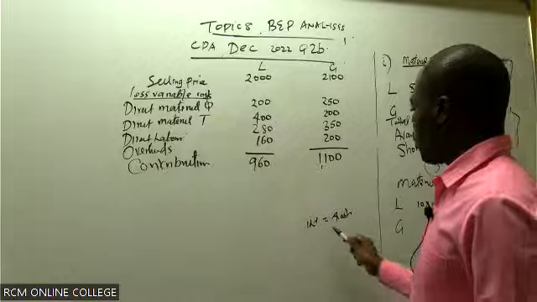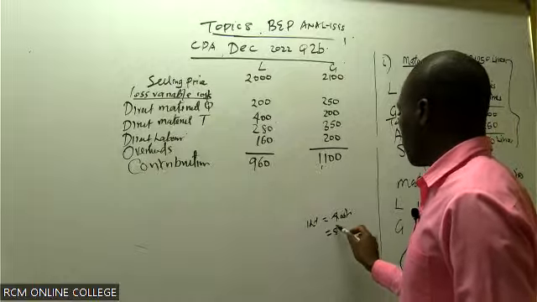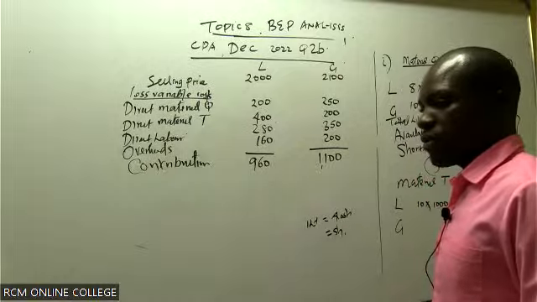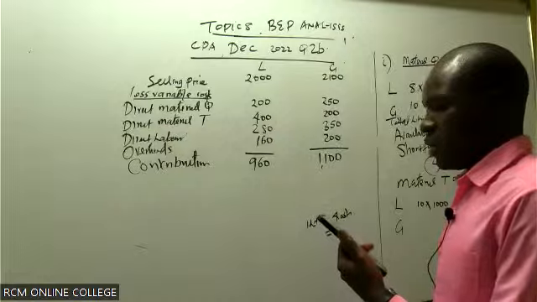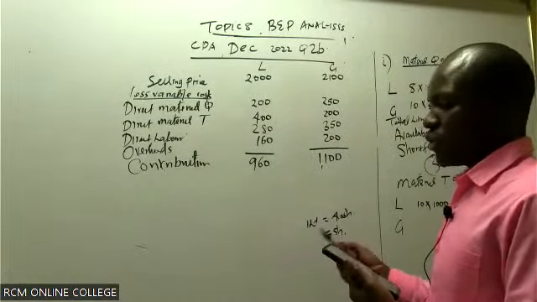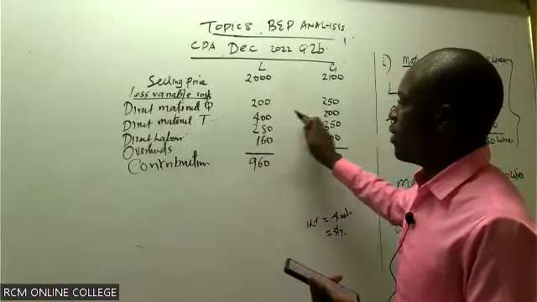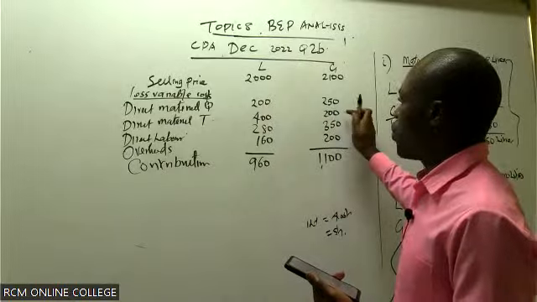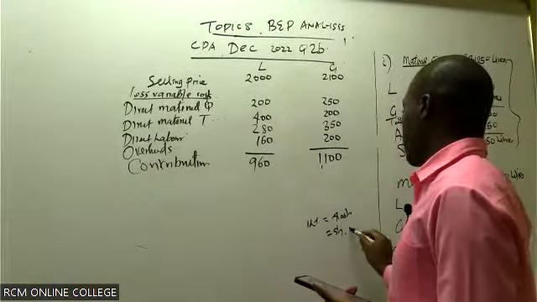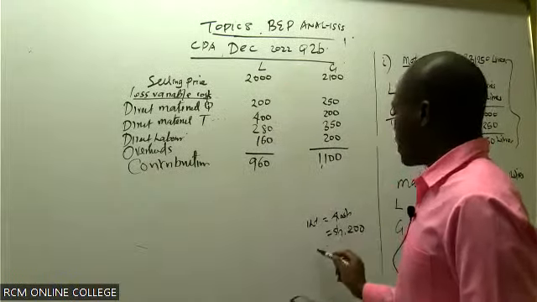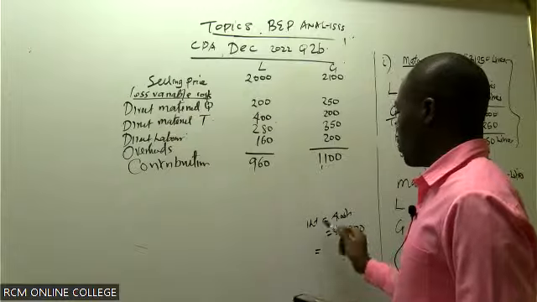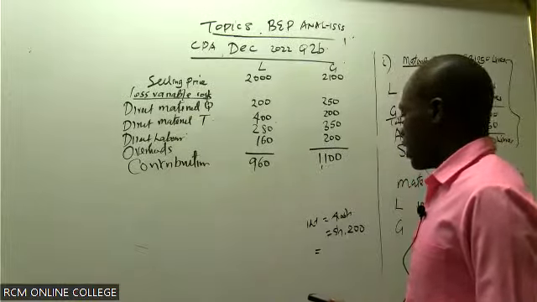You are given material T, 40 shillings per liter. Then the amount, 200. Yes, you put 200 shillings. So how many liters did they use to produce 1 unit of G?